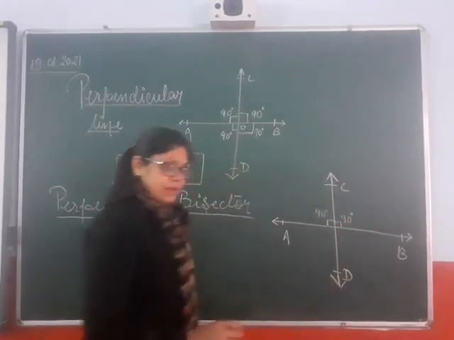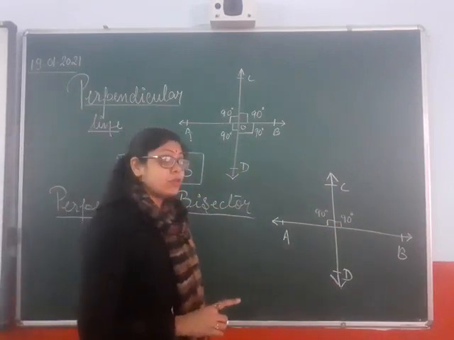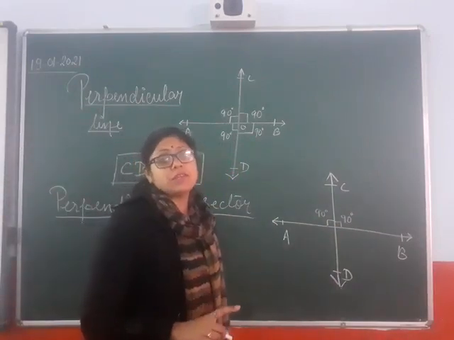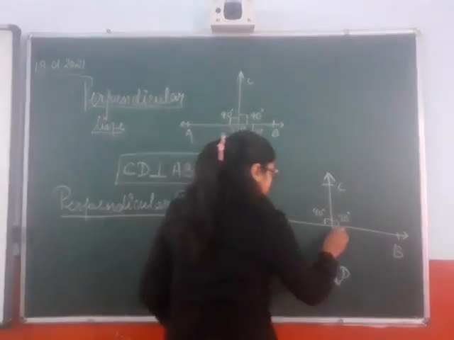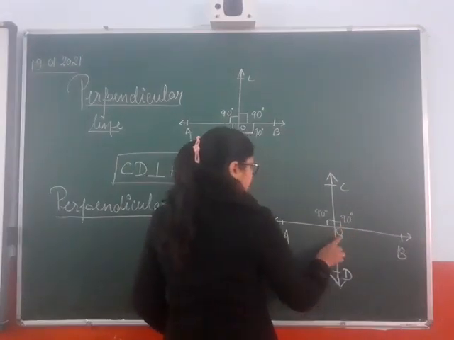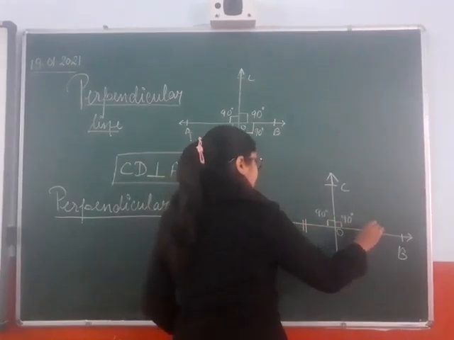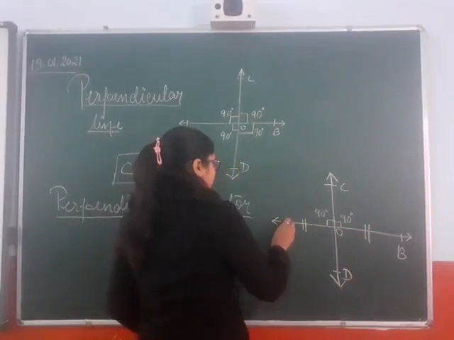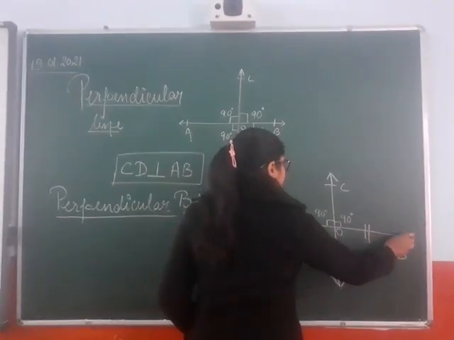Now what is given here? Perpendicular bisector means CD is perpendicular to line AB such that wherever this point they will intersect, this and this sides are equal. Okay, this and this sides are equal.